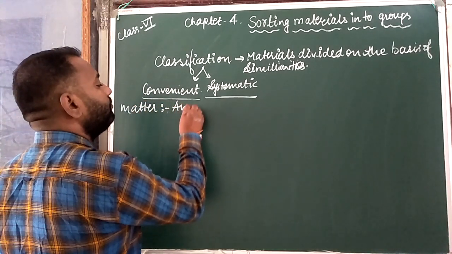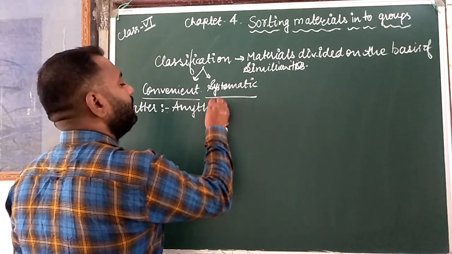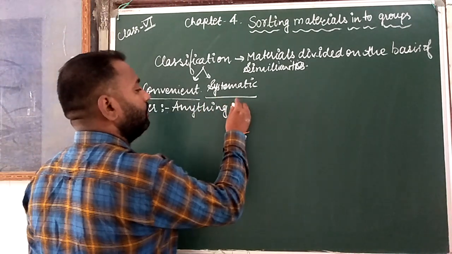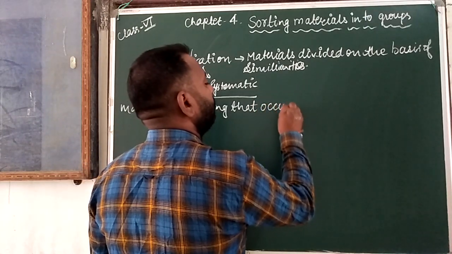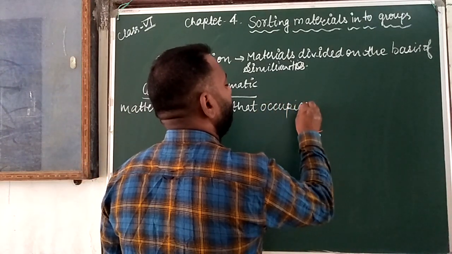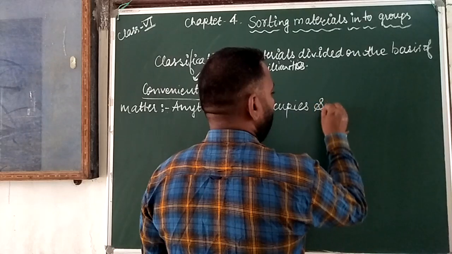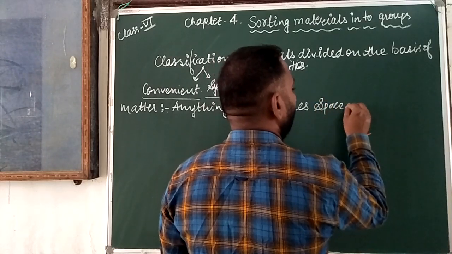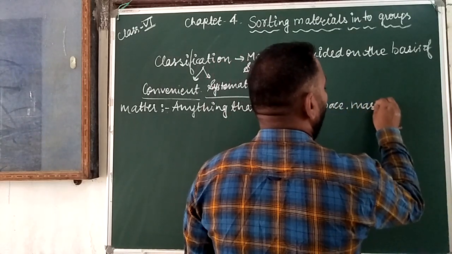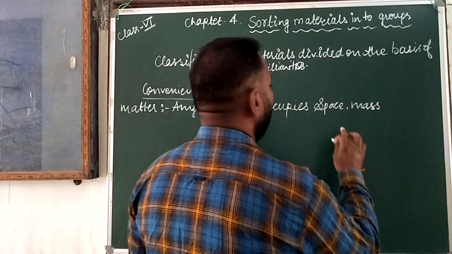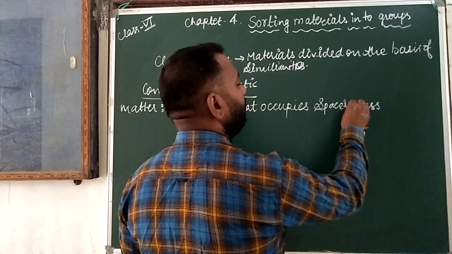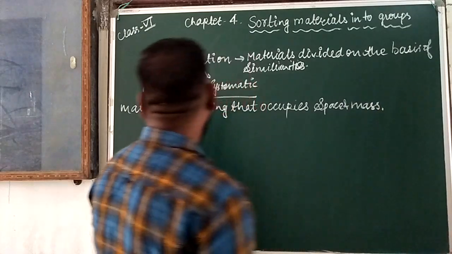So anything that occupies space and has mass, and maybe mass and volume, is known as matter.